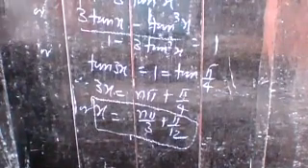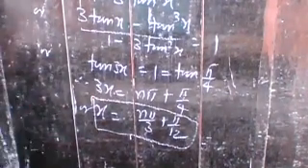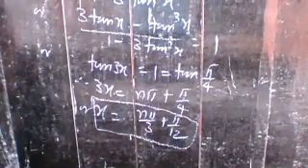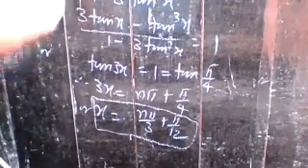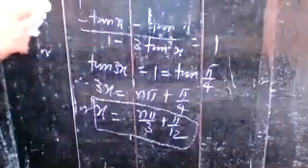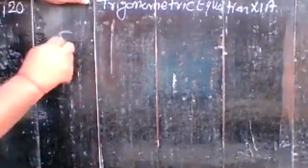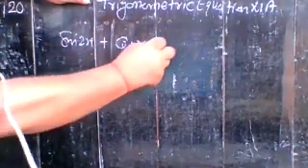Now next question. Solve sin 2x plus cos x is equal to 0.